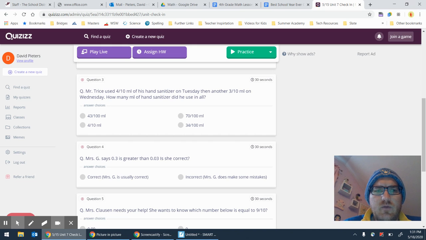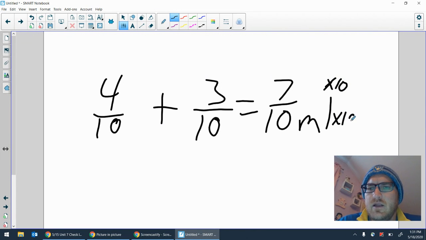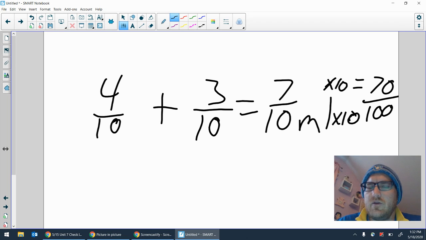So I want to go and check my work. Well, 4/10. Well, I see 70 hundredths. So right here, once again, we can change our fraction to an equivalent one. So if we multiply by 10, multiply by 10, we will get 70 hundredths.